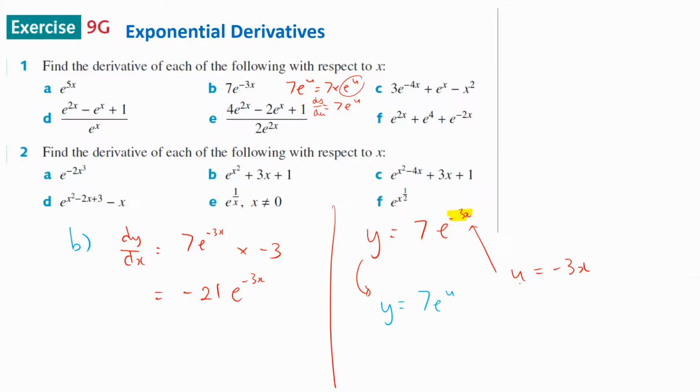Now, du dx is just the derivative of the inside, which is why I said before the derivative of the inside is negative 3. Now, this one, I know a lot of students get confused because you're so used to finding the derivative of e^u and you don't know what to do with that 7 if it's at the front.